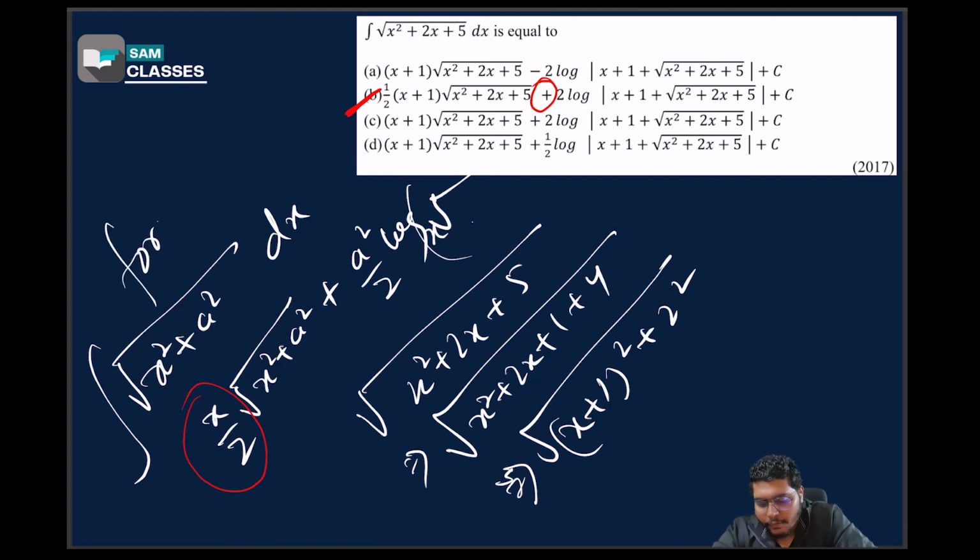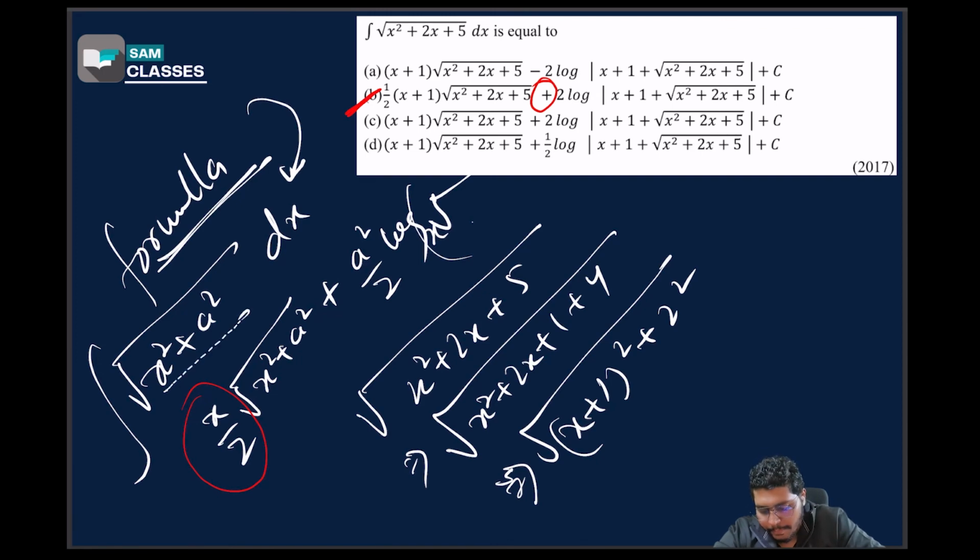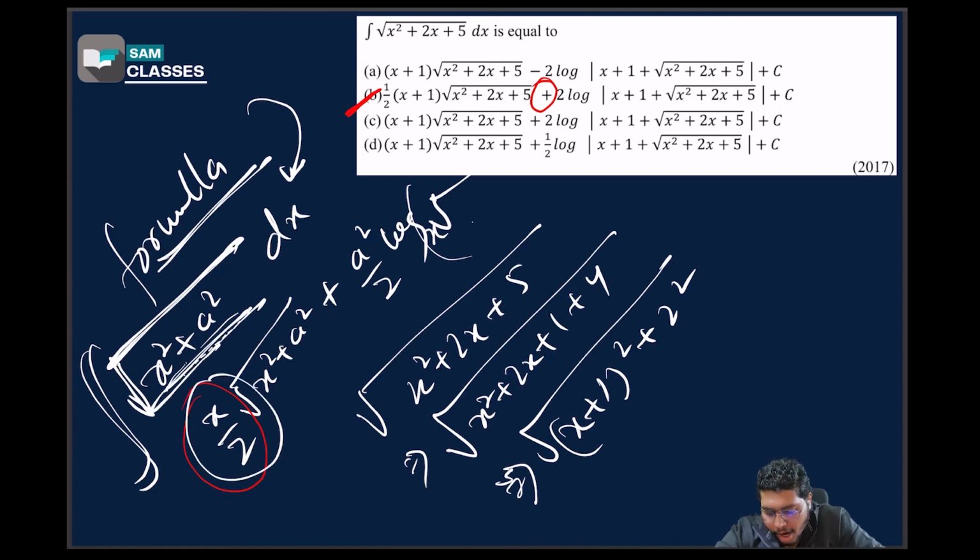Just this formula, if you had properly understood and remembered it: integration, on top a square root and then all positive terms. So first half of x by 2 will come. Here instead of x it is x plus 1, so x plus 1 by 2. So here, done. We don't need the whole solving. So how much? 3 to 4 seconds. That's it. Clear? Coming to the next question.